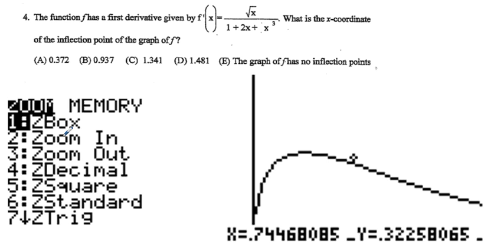Zoom is your middle function key at the very top near the screen, and option 1 is zoom box. What you do is you get to this view here, press enter, and you move the cursor to the left and to the right, and you zoom in on this area.